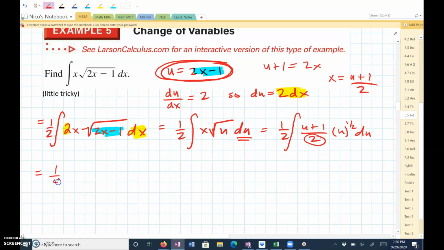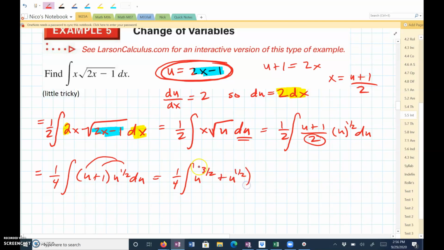So now I've got 1/4 times u plus 1 times u to the 1/2 power du. I can distribute u to the 1/2 power and get u to the 3/2 power plus u to the 1/2 power du. And now I can find the antiderivative.